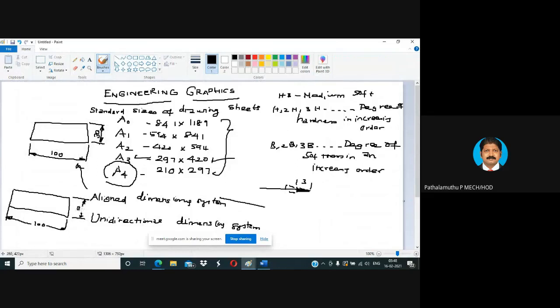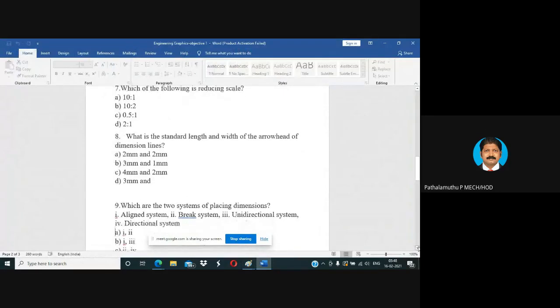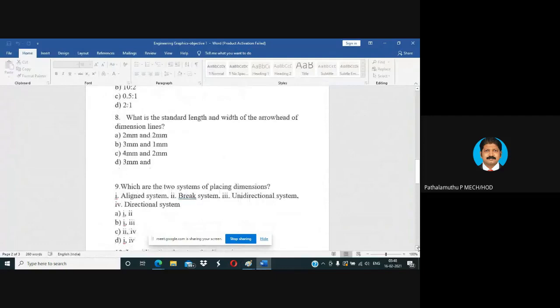Okay. The question is: which are the two systems of placing dimensions? So aligned system and unidirectional, 1 and 3. So the answer is B, 1 and 3. For the 9th question, option B is correct.